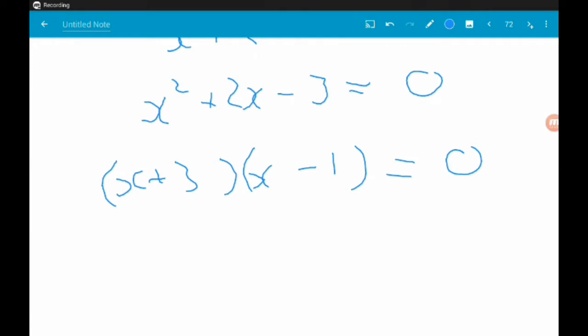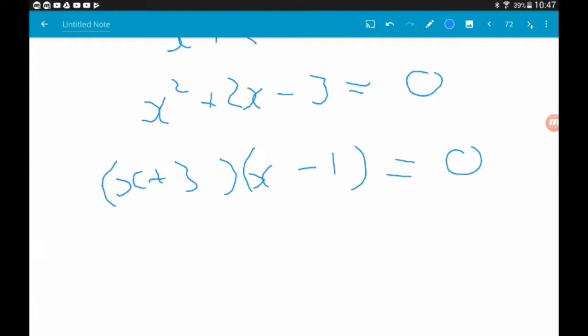Now, if this was a normal quadratic, of course we would be interested in both solutions. However, remember that we cannot take the logarithm of a negative number. Logs of negative numbers don't exist.